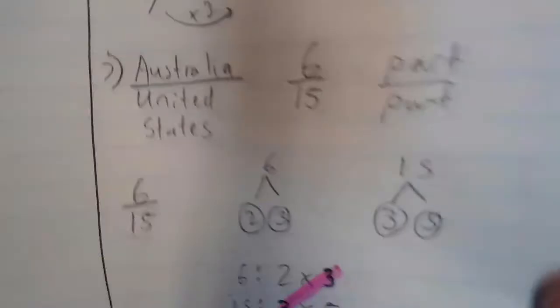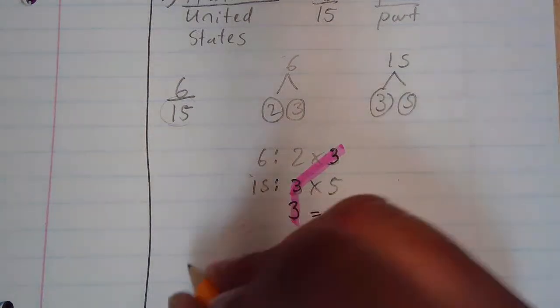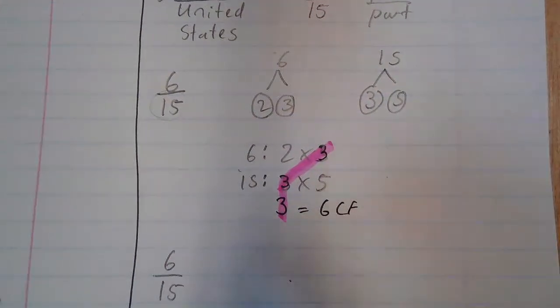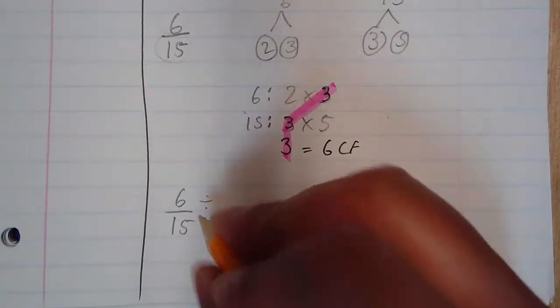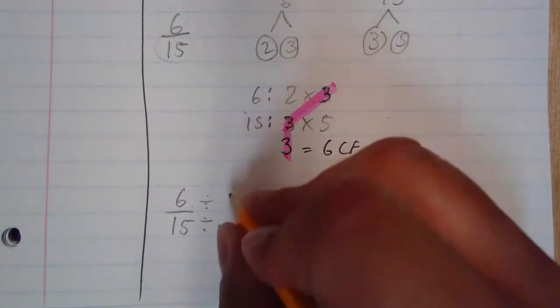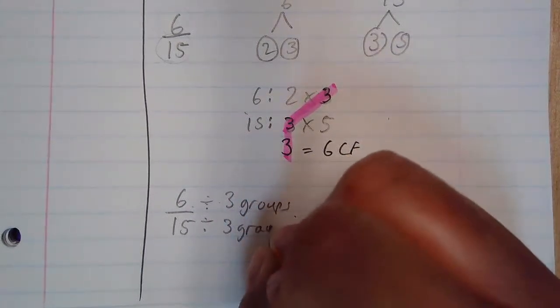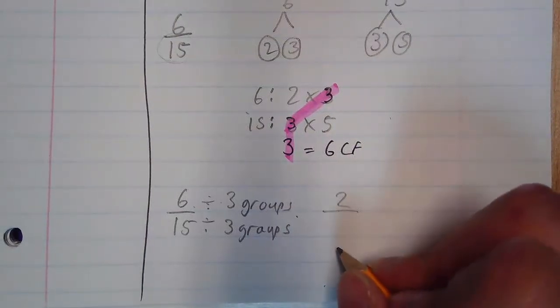Again, you're not done. You're definitely not done. So 6/15, you're dividing it by 3. Remember what I said? You can also say 6 broken into 3 groups. That means you have 2, right?